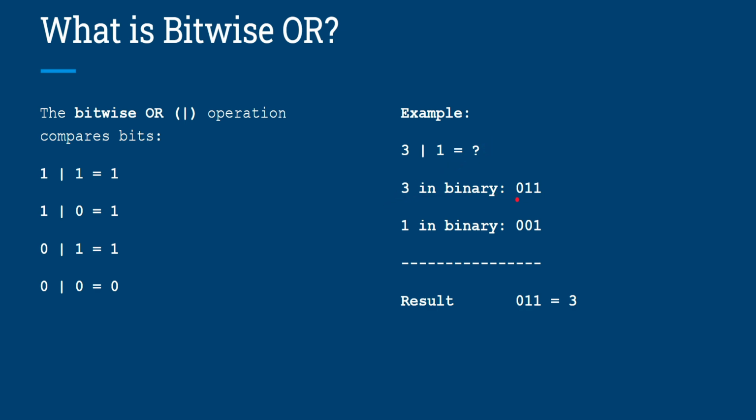For 3, we know the binary positions are 8 4 2 1. This was the formula we used to use in engineering college: to find 3, we put 1 1 and the rest will be 0 0, because 2 plus 1 is 3, and that is why it becomes 0 1 1. For 1, we'll just make one bit 1, and the rest will be 0 0, right?